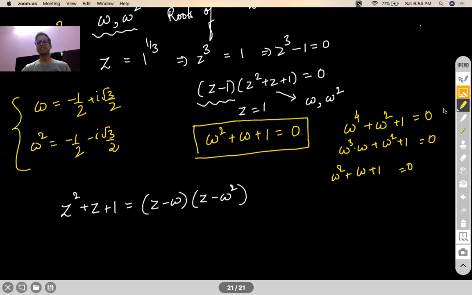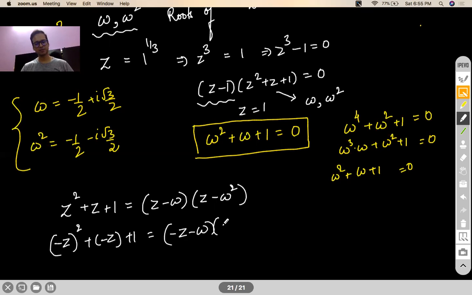Okay, the same concept you can actually factorize as one more thing. Replace your z with a minus z. Very interesting here. If you replace your z with a minus z, you will realize you have written z square minus z plus 1, and this could be written as (z plus omega)(z plus omega square).